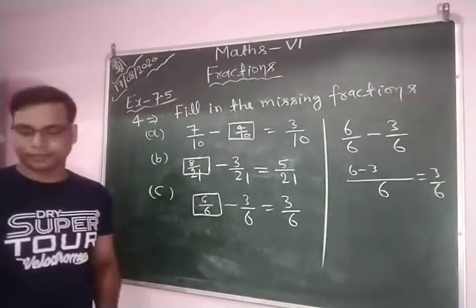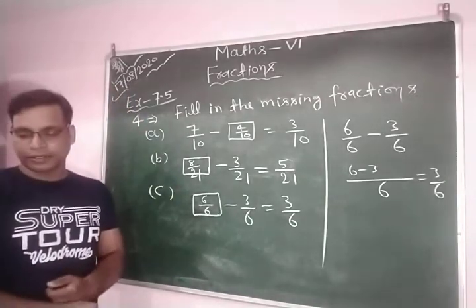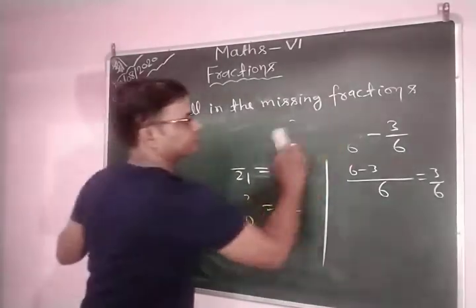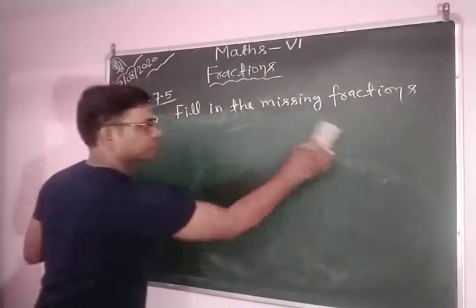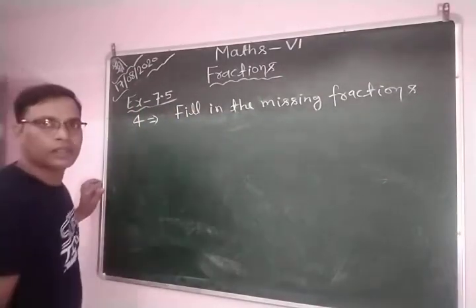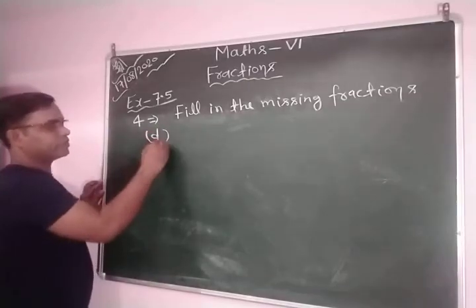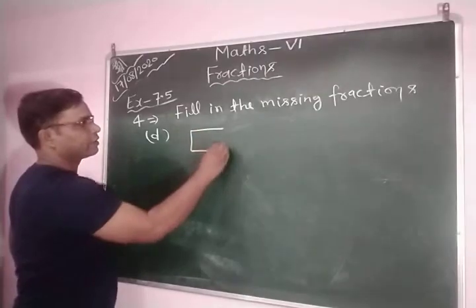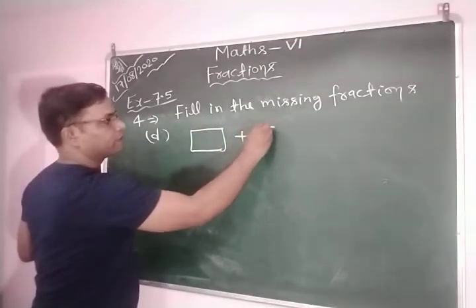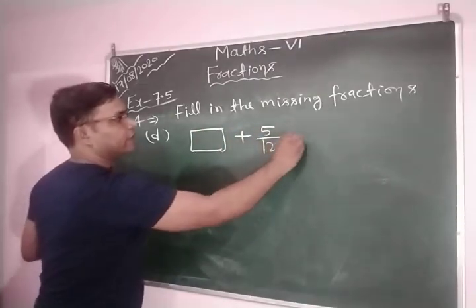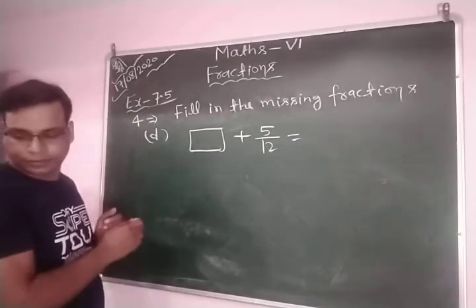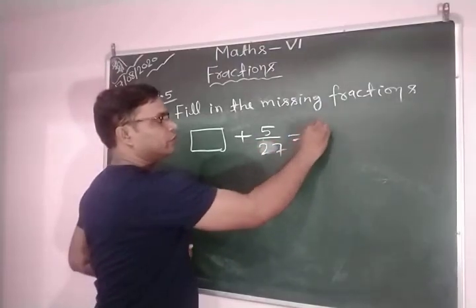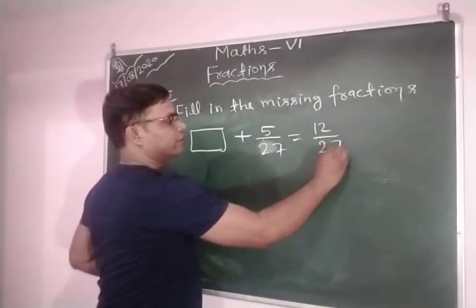Okay, now the D part of this question is that this is a bracket plus 5 by 27 is equal to 12 by 27.